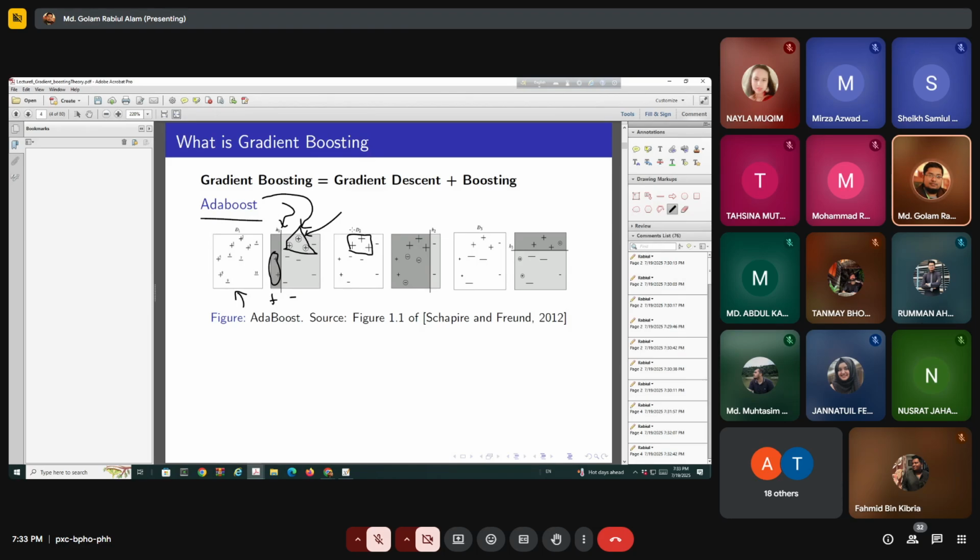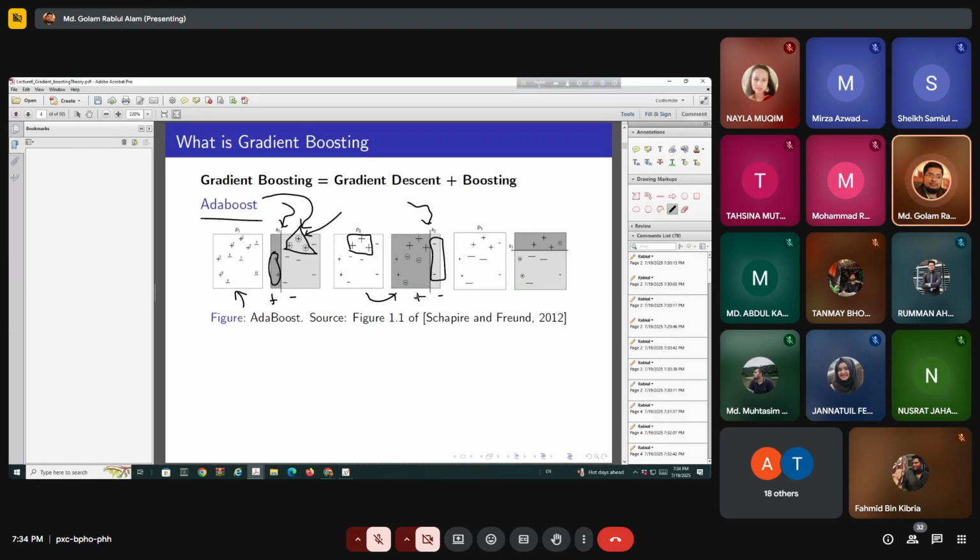It means we need to pay more attention to these three instances. And then we again build the second weak learner based on the output of our first weak learner. Maybe you can say H2 is our next weak learner. This side is positive and this side is negative. And then we can see that the second weak learner successfully classifies these two negative instances.